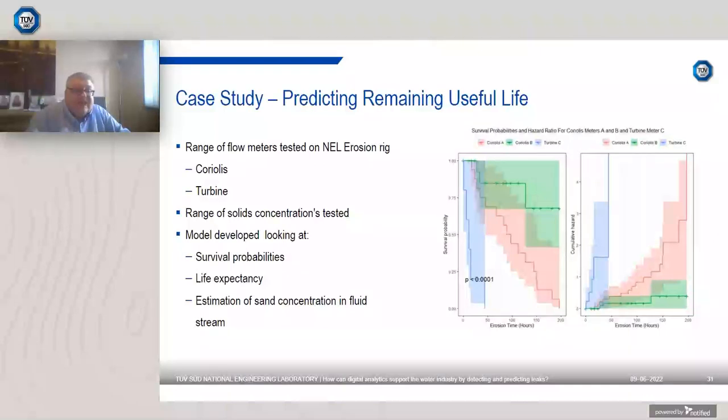We have analysed our historical erosion data sets, which were initially obtained using our erosion test facility, and this study focused on 2 different brands of Coriolis meter and 1 turbine meter. The meters were exposed to the same erosive conditions, while diagnostic data was logged from the meter digital registers.